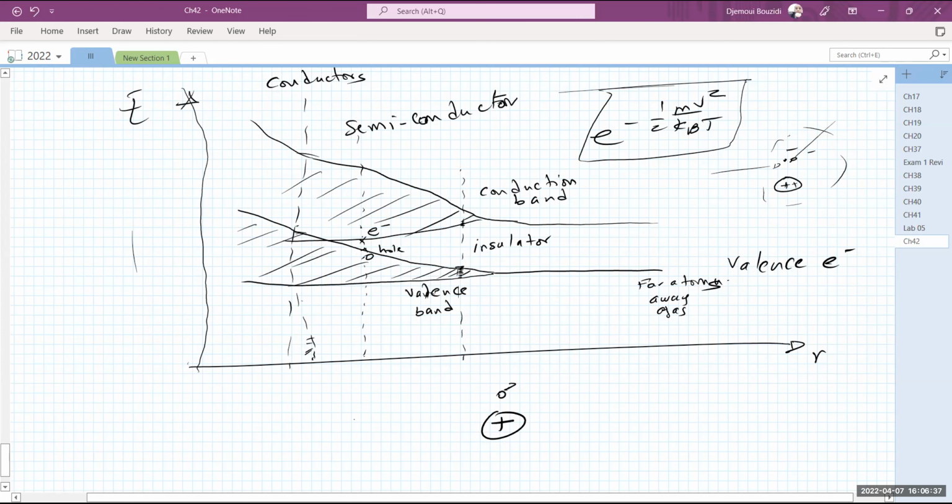Here is what's going on. Let's say I apply an electric field in this direction. So E is in this direction. There is a hole in here, and there is another hole in this next-door neighbor. An electron jumps to fill out this gap.